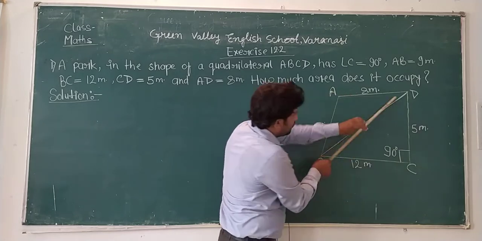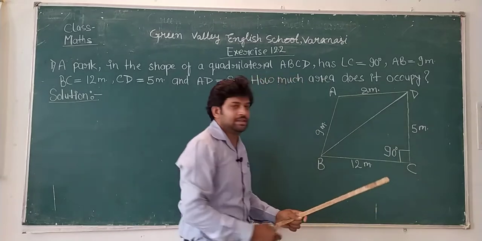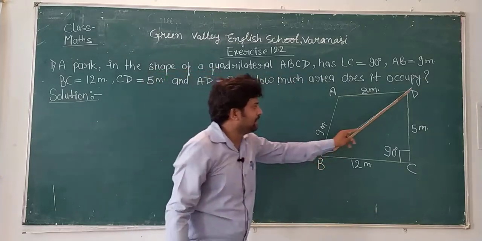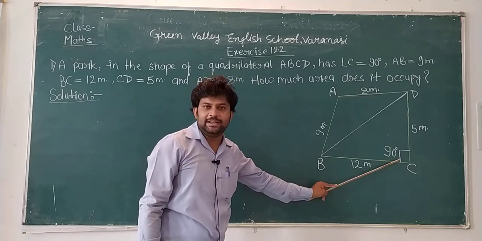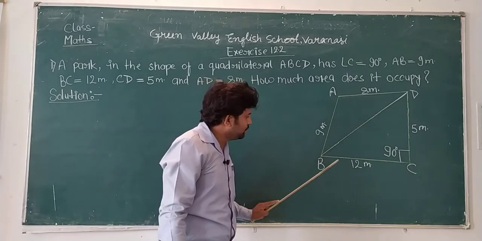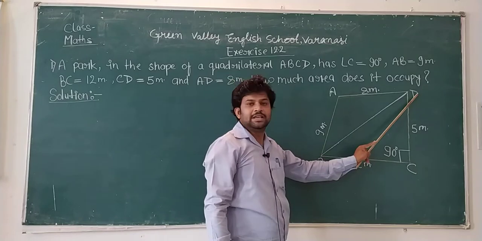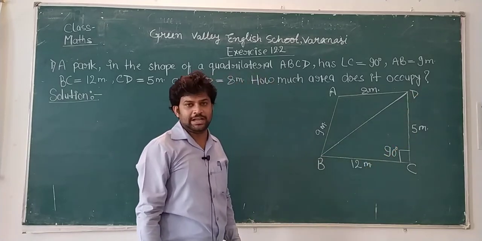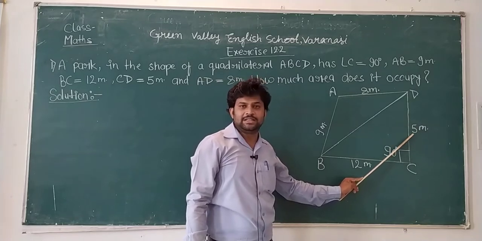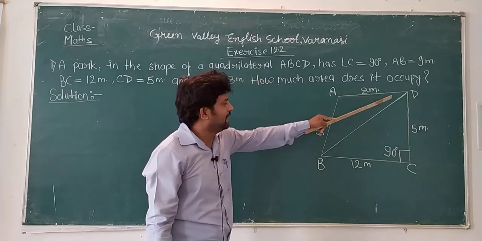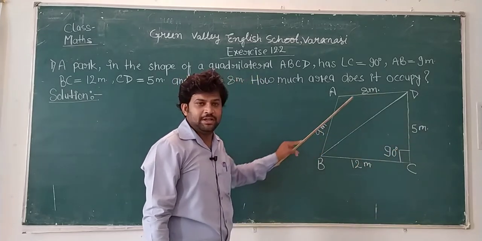ओके, वी ड्रॉ अ डायगोनल BD. देन अगर हम BD डायगोनल ड्रॉ करते हैं और ये एंगल C क्या है, राइट एंगल है. इट मीन्स ये जो ट्रायंगल होगा ट्रायंगल BCD ये क्या होगा, राइट एंगल ट्रायंगल. एंड हियर बेस इज गिवन, हाइट इज गिवन, देन वी कैन इजिली फाइंड द वैल्यू ऑफ द लेंथ ऑफ BD.